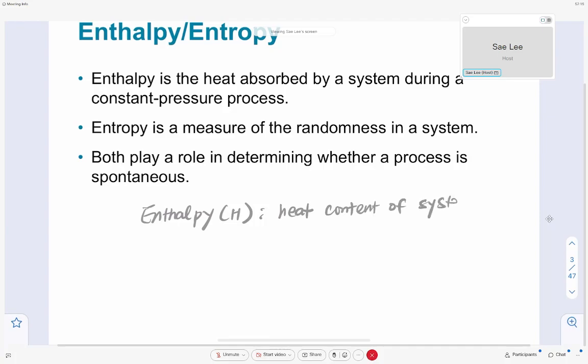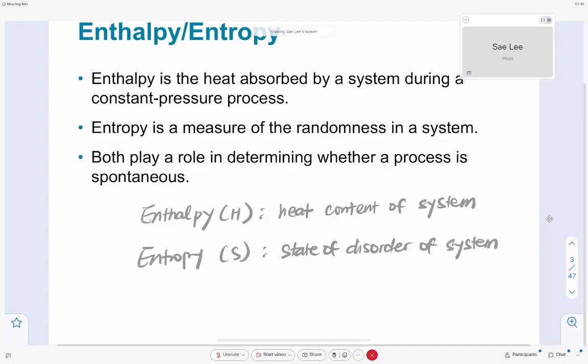Entropy is a measure of the randomness in a system, or a measure of the disorder in a system. So entropy is the amount of intrinsic disorder within a compound, the state of disorder of a system.